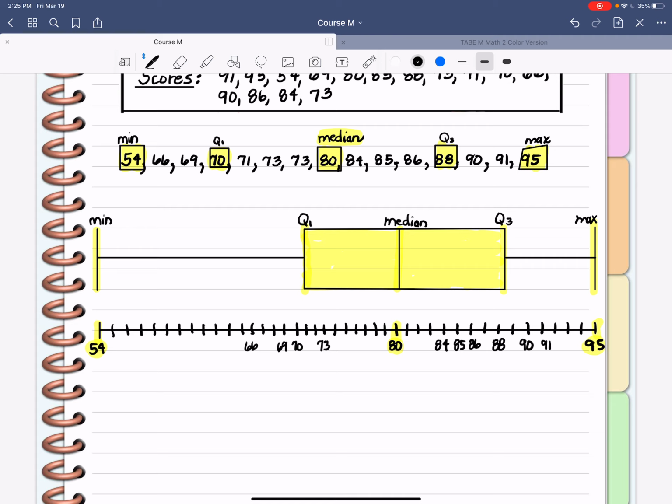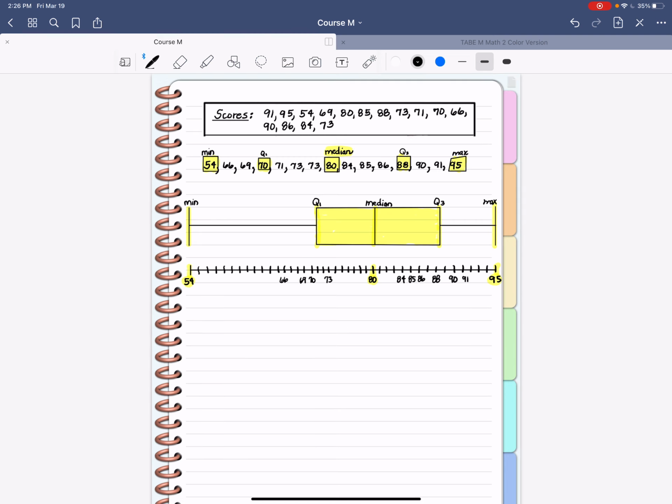So as a teacher, when I taught every day in the classroom, I use these all the time to look at the data from my students' tests. It just gave me a visual idea of how folks were doing and how I was doing. If everybody is in the lower quartile of these scores, that means that I, as the teacher, am not doing well. So box plots to me are very helpful.